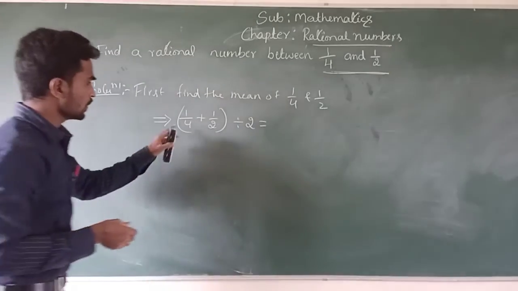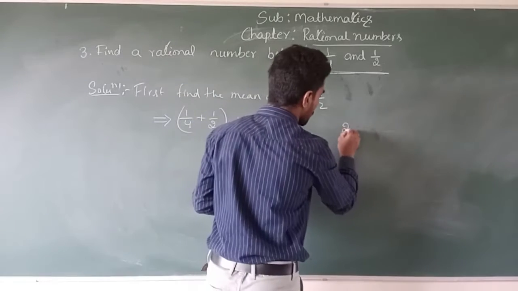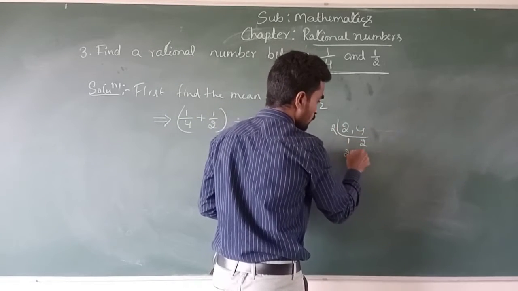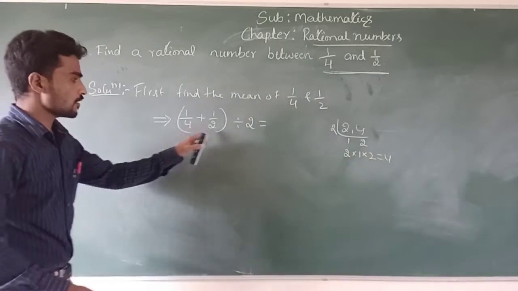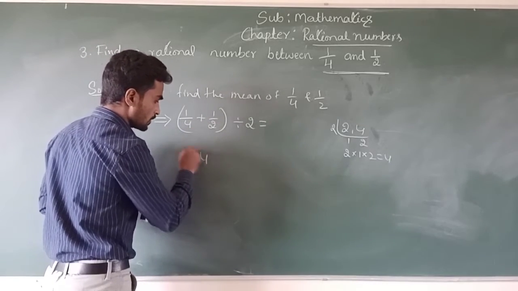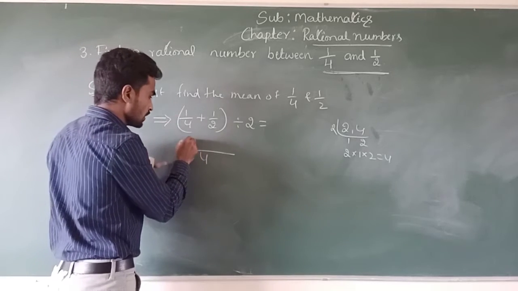That is equal to, here the LCM of 2 and 4 is 4. Write 4 as the LCM of these two denominators. Then 4 divided by 4 we get 1, 1 into 1.